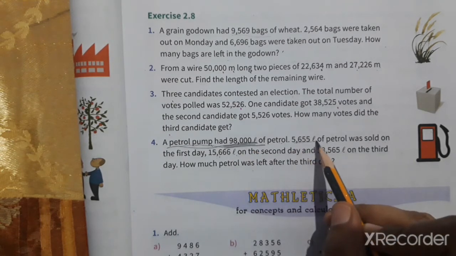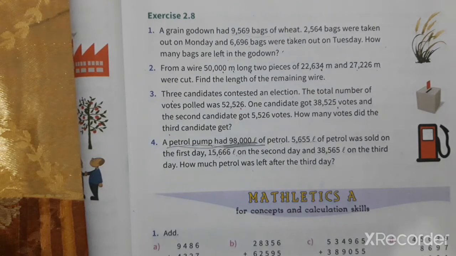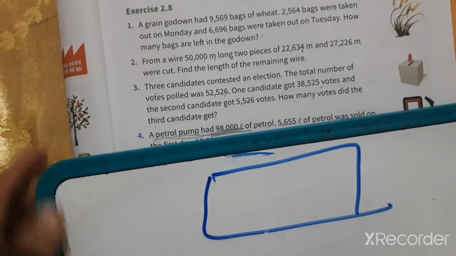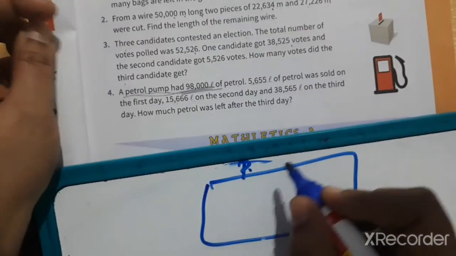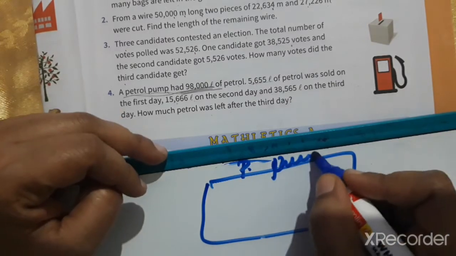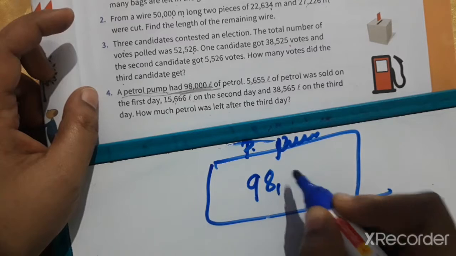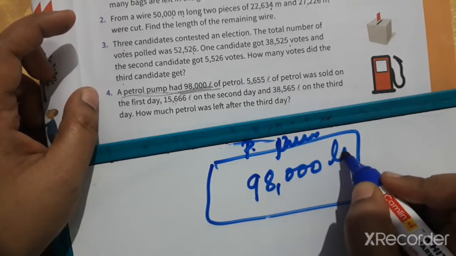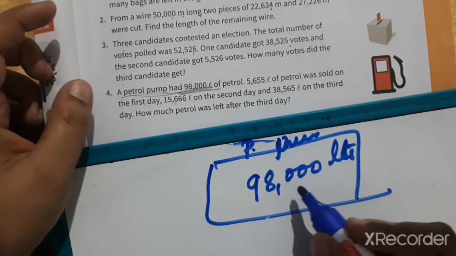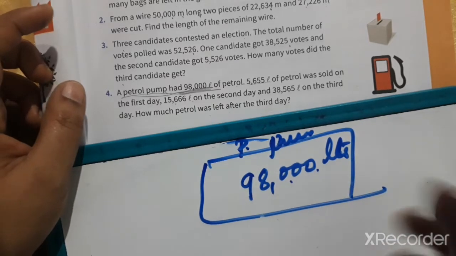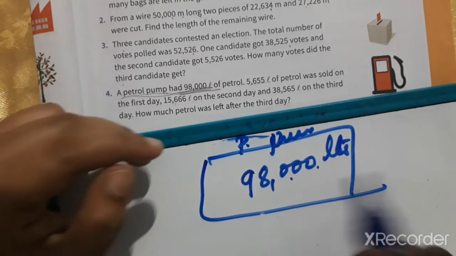5,655 sold on first day. So imagine this is a petrol bunk, petrol pump. In that, total quantity of petrol is 98,000 liter.